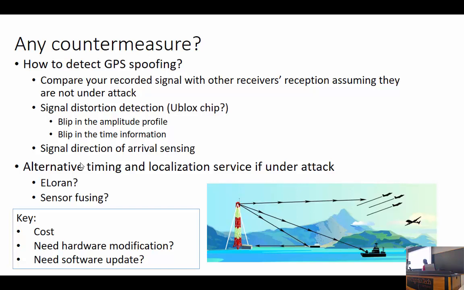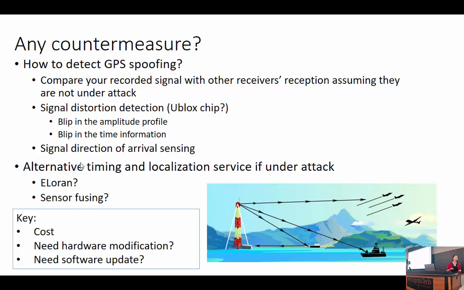You can divide the countermeasures into two categories. The first category is GPS spoofing detection. How can we get the receivers to realize they are under attack, so that their calculation of time and location is not trustworthy?